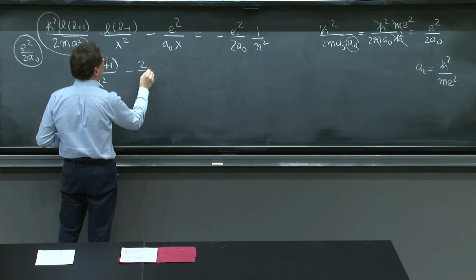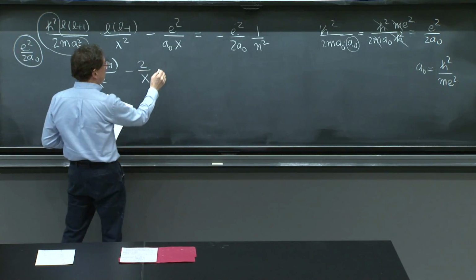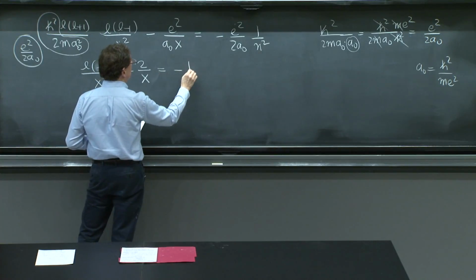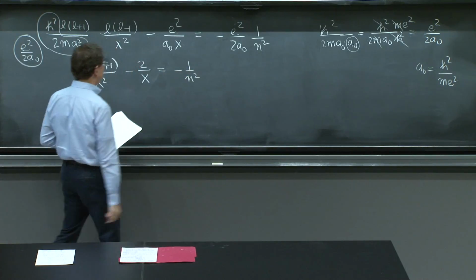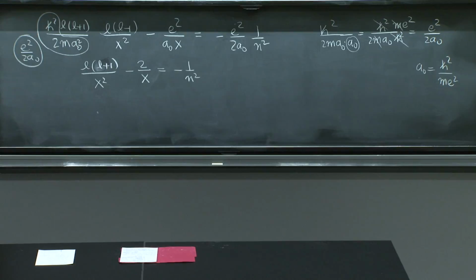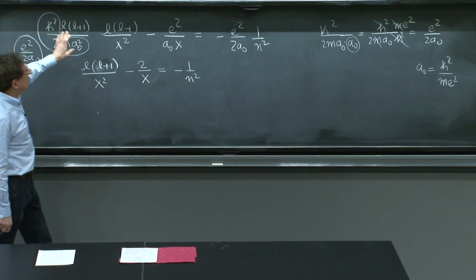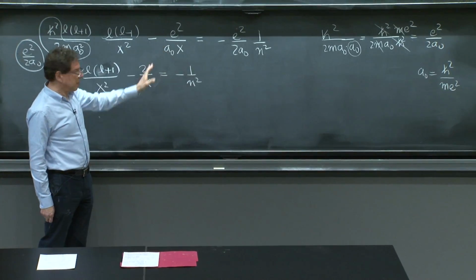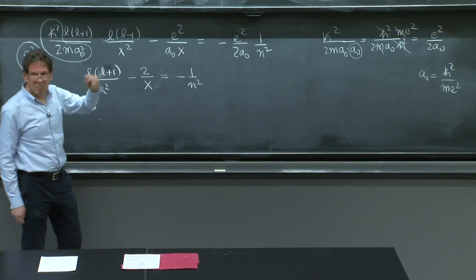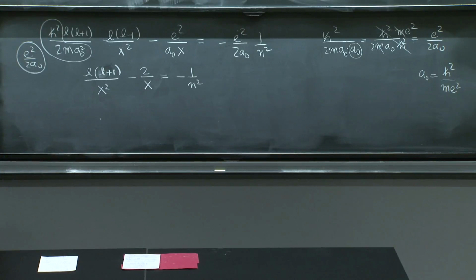Minus 2 over x is equal to minus 1 over n squared. So I multiplied by the inverse of this quantity. It clears up the factor in the first term. It produces an extra factor of 2 in the second term, and you've got a nice, simple quadratic equation.